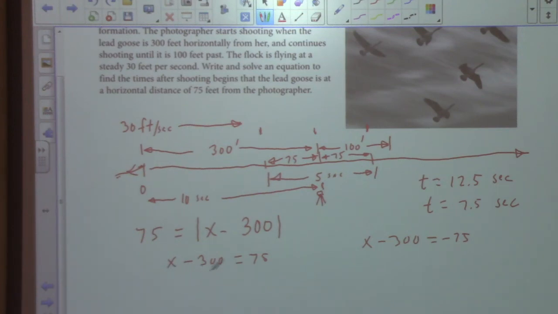So when we multiply by 30, we're going at 30 feet per second. So I guess one way you could do it is you could divide by 30.